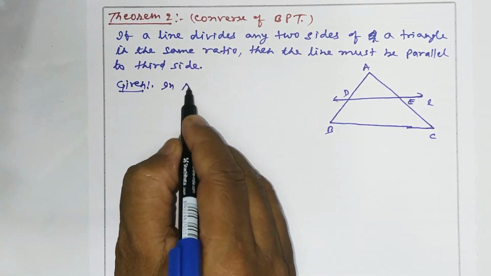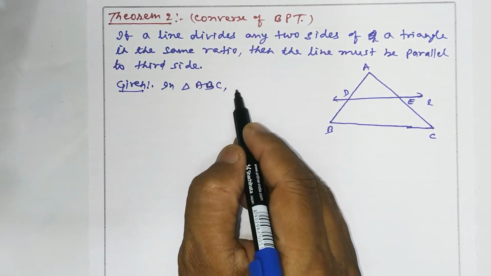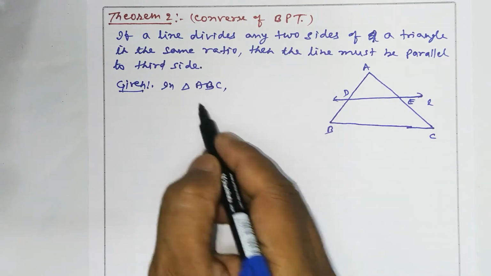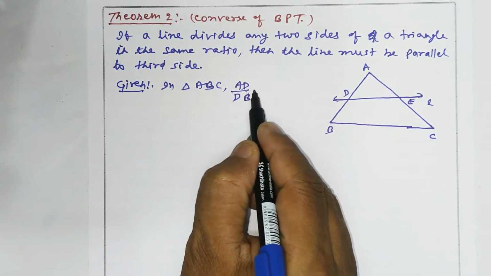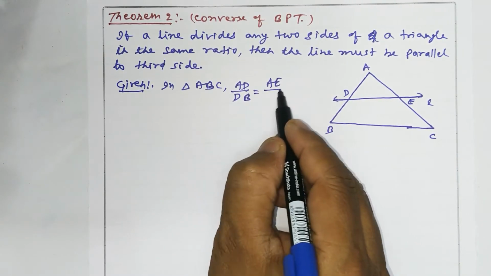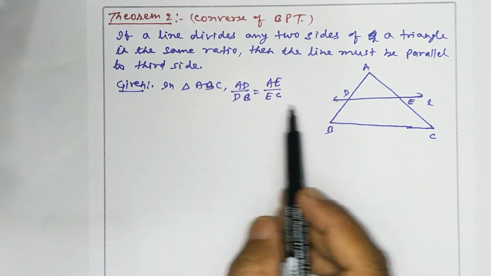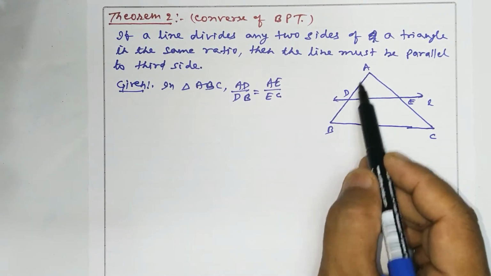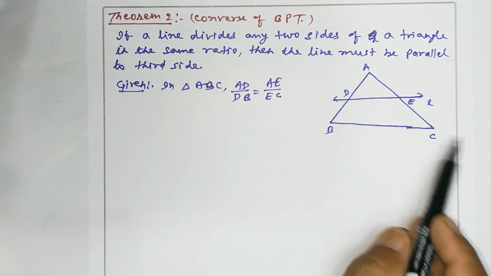In triangle ABC, AD by DB is equal to AE by EC. So this ratio is given, meaning the line L divides AB and AC in the same ratio.